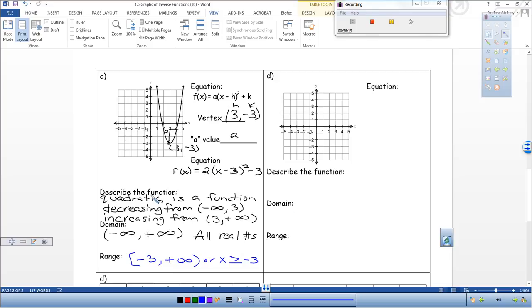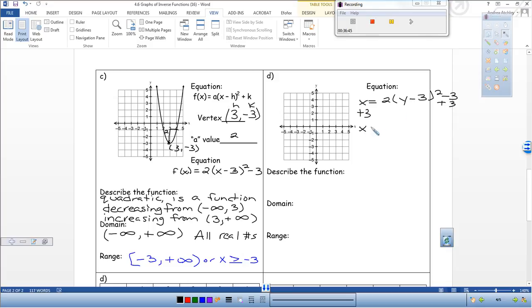Okay, now let's talk about the inverse. The equation of the inverse, we have to take this equation, replace the x and the y. And then solve. So I'm going to add 3 to both sides.